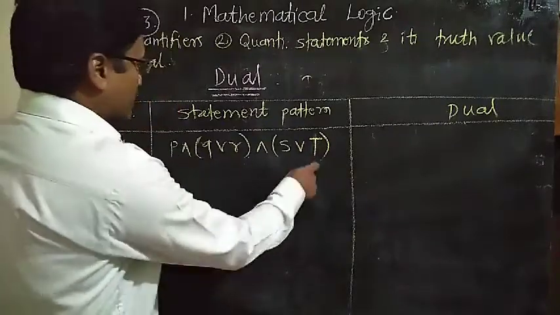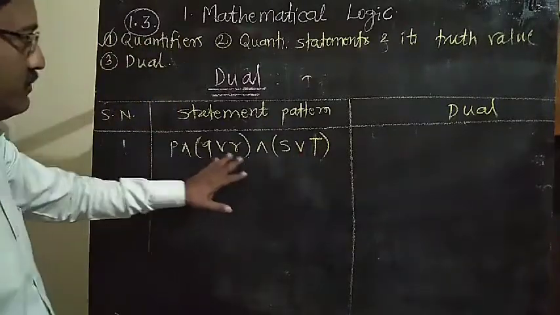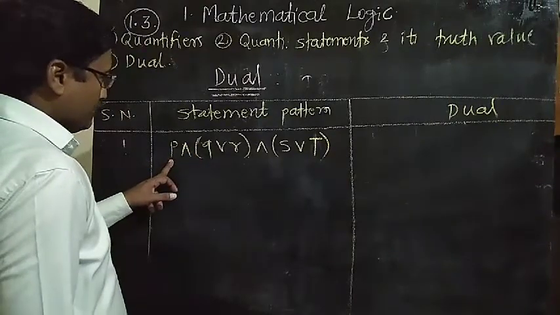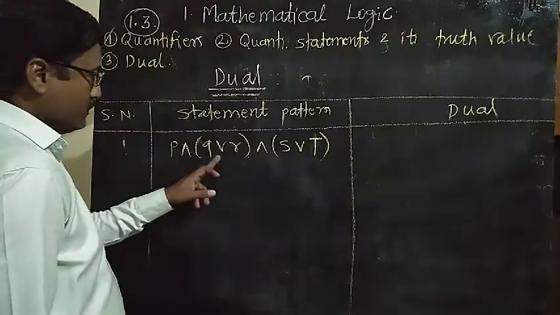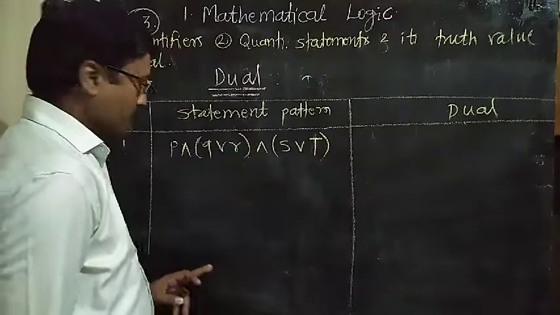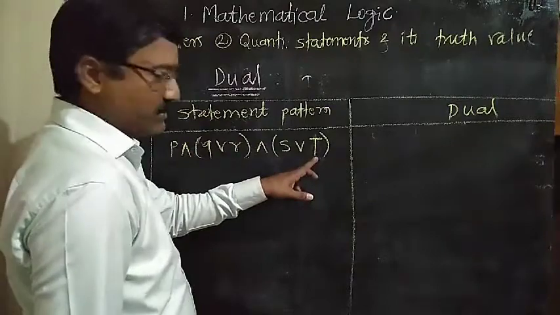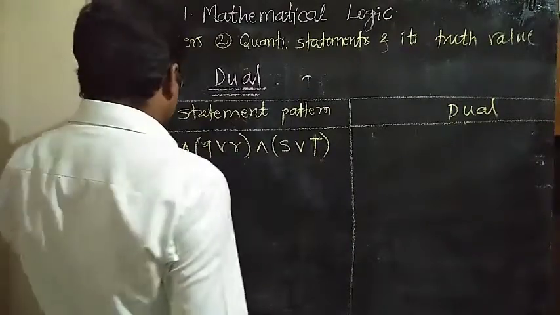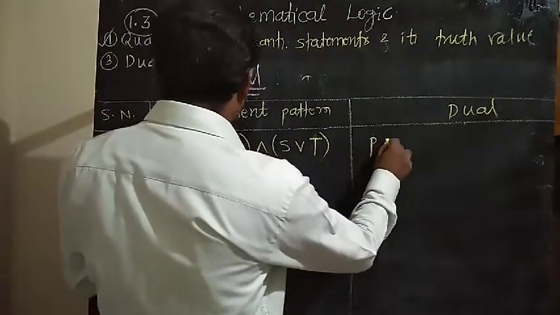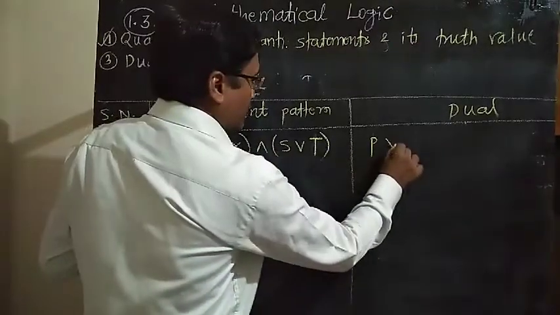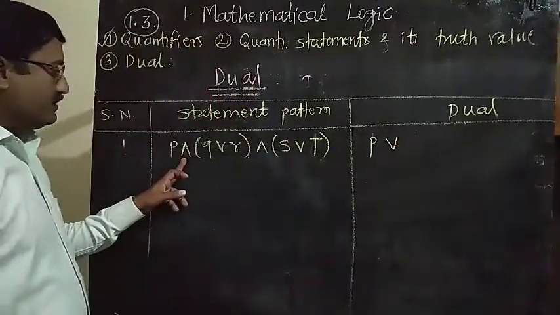So this is one statement pattern, and we have to write the dual of this statement. So for this, what to do? We only have to change these connectives, not the letters, the simple statements, but we have to change tautology or contradiction. So this P remains as it is. Instead of this and, in case of dual, we have to write or, disjunction.